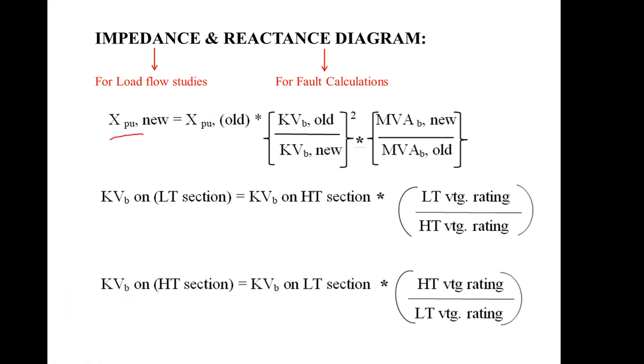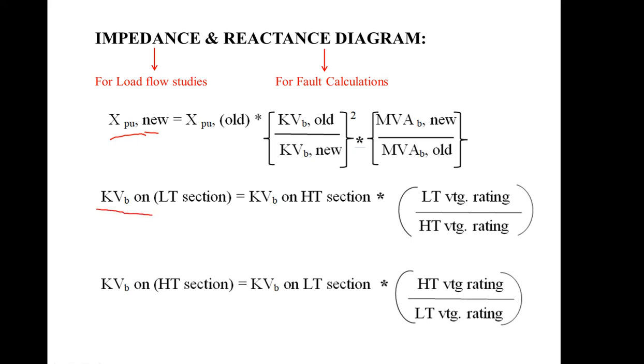In the diagram, the old per unit impedance or per unit reactance is given. The new value is X pu new equals X pu old times (kVb old by kVb new) the whole square times (MVAb new by MVAb old), where MVA is mega volt ampere.